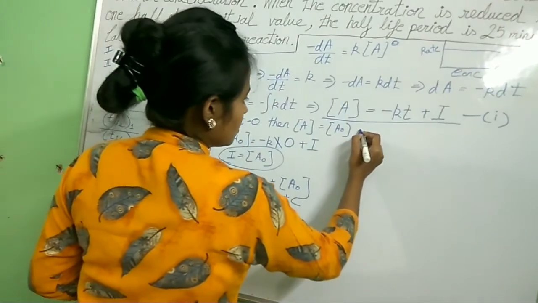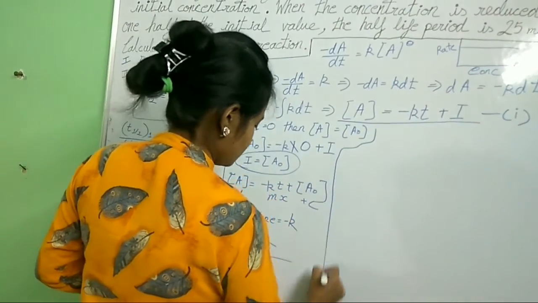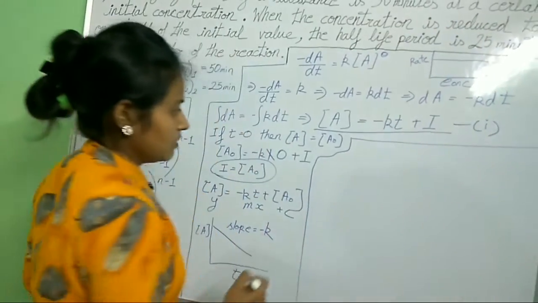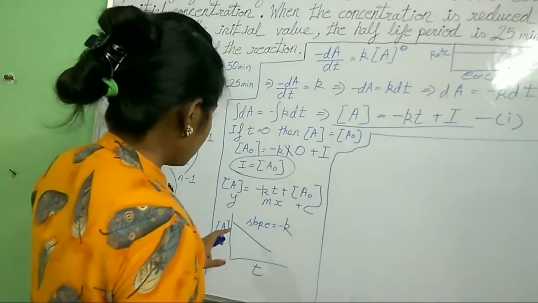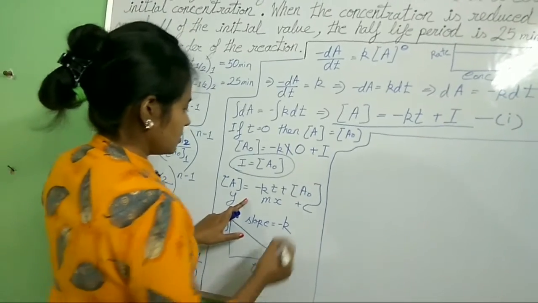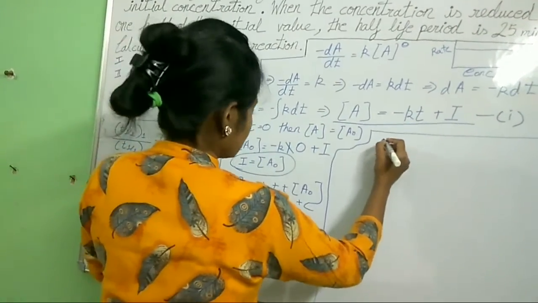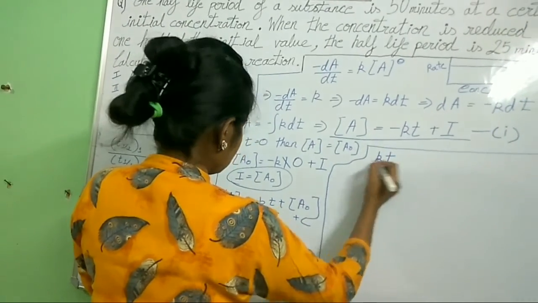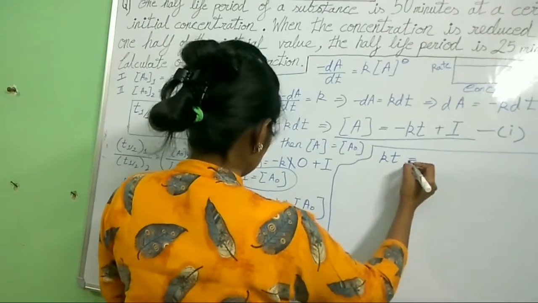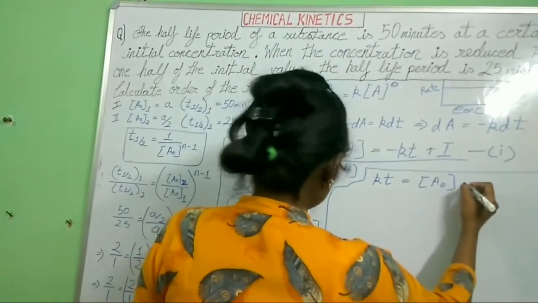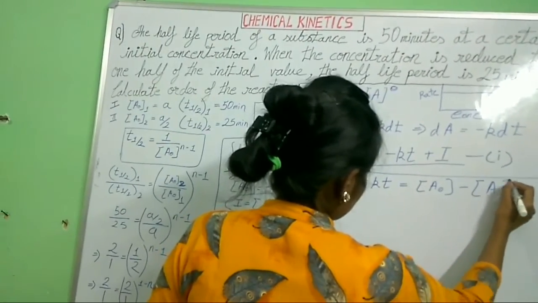Now, if we want to derive T half, we can write this equation in another way, that is Kt equal to A naught minus A, right?